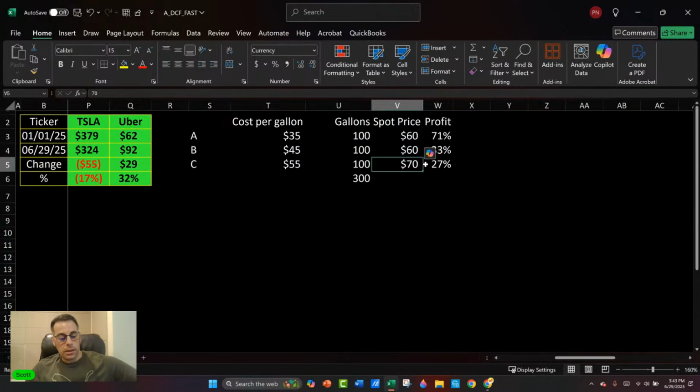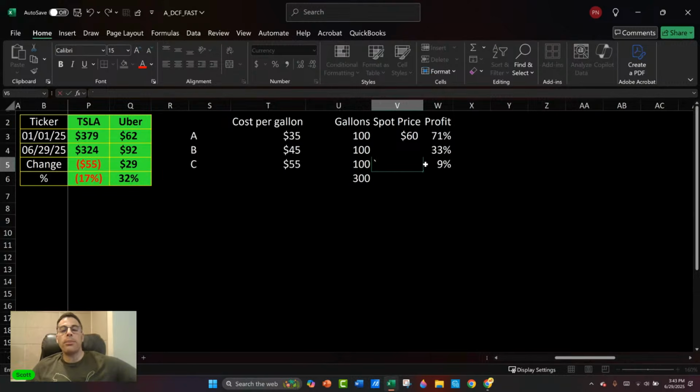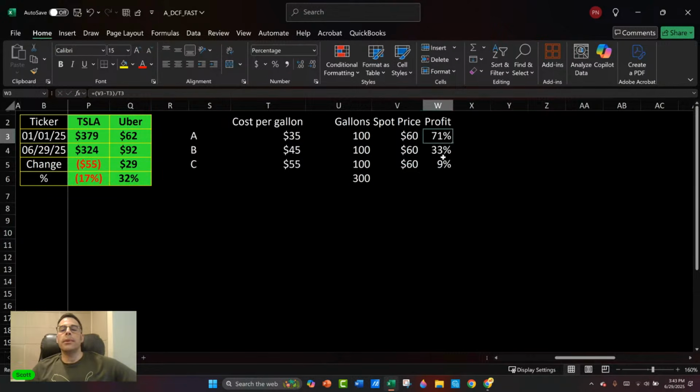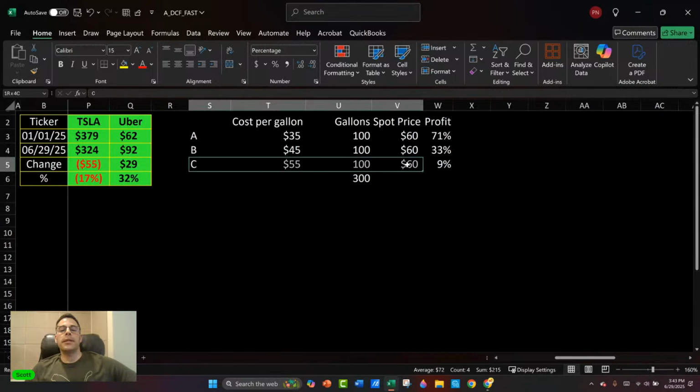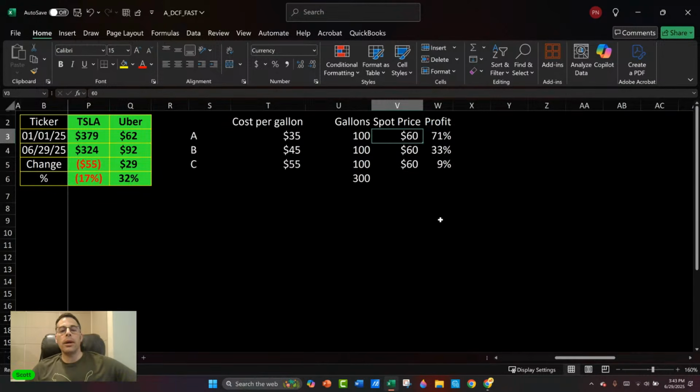Jeez. They're still profitable on each stage, but it's really tight. Stage C, it's almost to the point where they're not even sure if they should produce it because they're barely making any money, but it is profitable, so they still produce it.